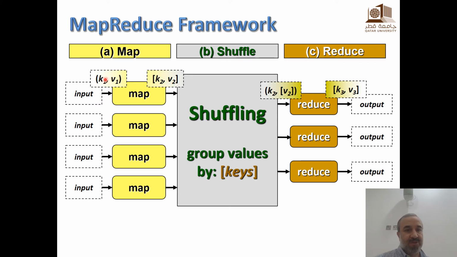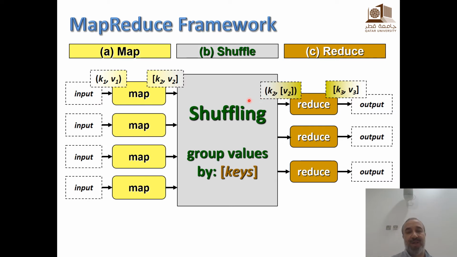So the input here is one pair. The output here is a list of keys and values. Now the input to the shuffling is all of that intermediate output, and the output of the shuffling will be, for every unique key, the list of its values. And this will be the input to the next stage, in which we will call the reduce function.